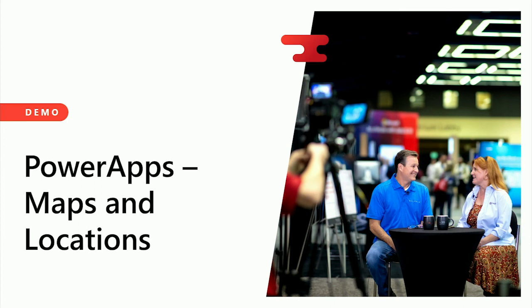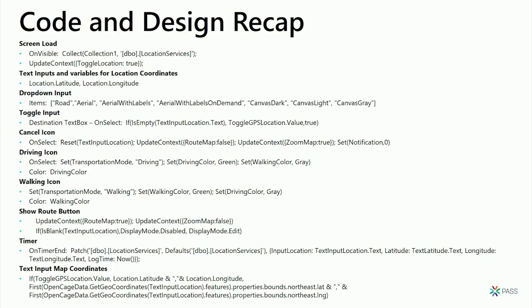I don't expect to go over every single piece of logic that's in here, so I have this slide as a reference for those who have downloaded the slide, or once I repost it, because there were some changes here. This is just a code recap of all of the different pieces of logic that are in the Power App screens. So you can reference this if you want to rebuild this app, for example.